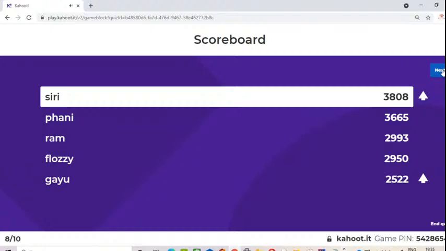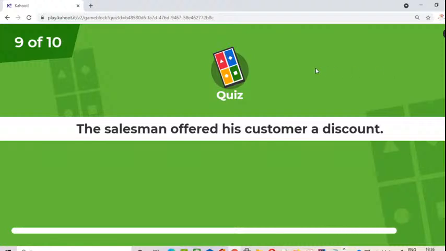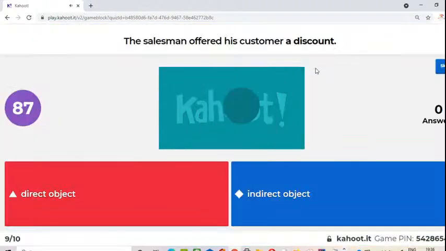Okay, Siri have again come up to the first. That's very good, Siri, and Gayu is in the fifth. So now let's move on to the next question. The salesman offered his customer a discount.